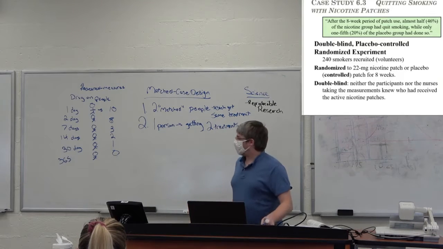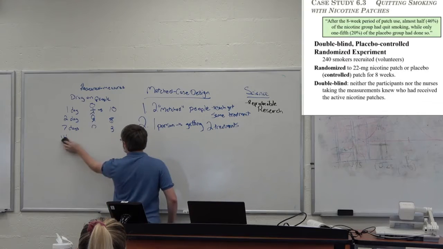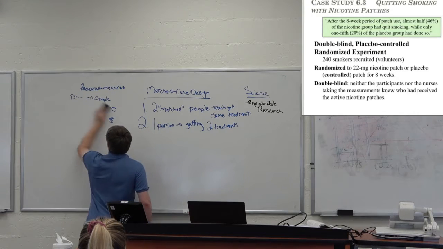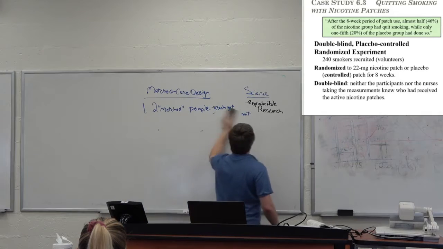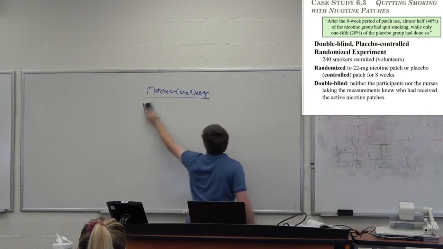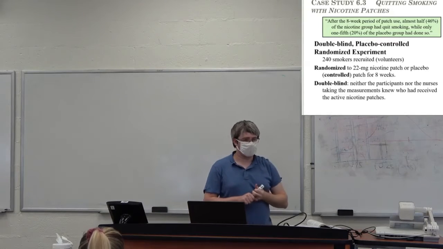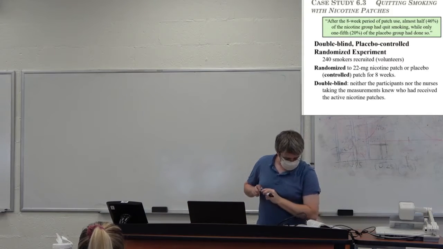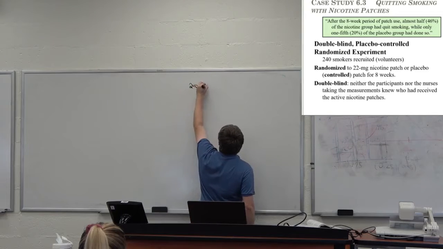So I want to talk about a case study that involves a multiple of different concepts. It's case study 6.3 in your book. And so I just have it up here because I don't have it exactly memorized. But basically, you have 240 smokers.